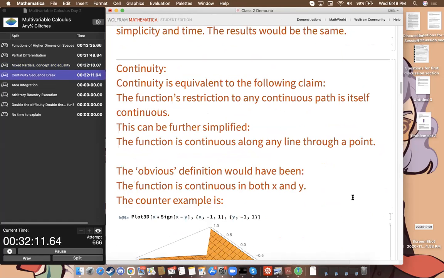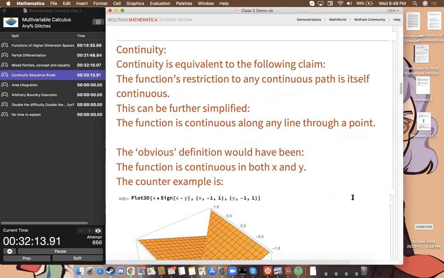But yeah, now on to continuity. I have this here as continuity sequence break because you have to do this in a slightly different order, and also because it's a pun about continuity. So continuity on a two-dimensional space, the formal definition that you would learn if you took a topology or math class, is a little bit complicated.